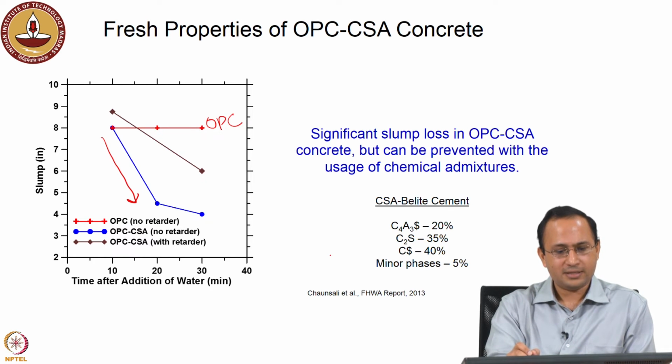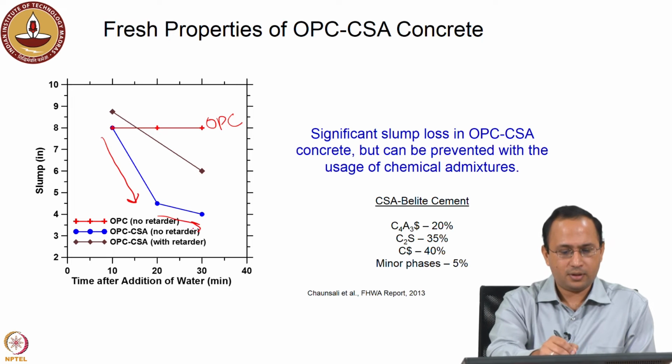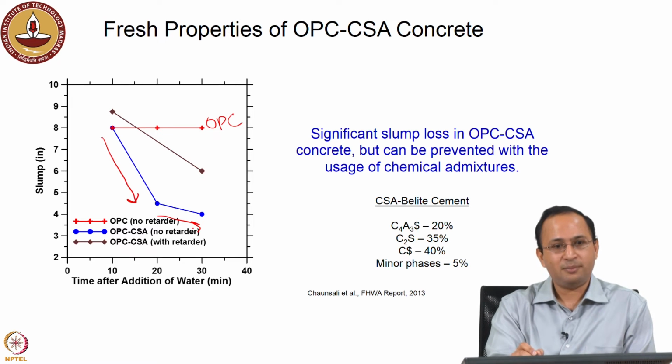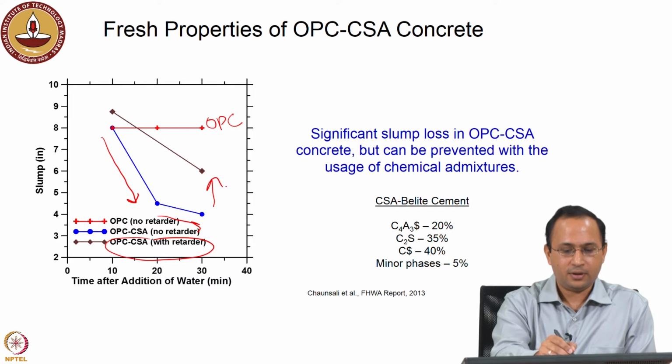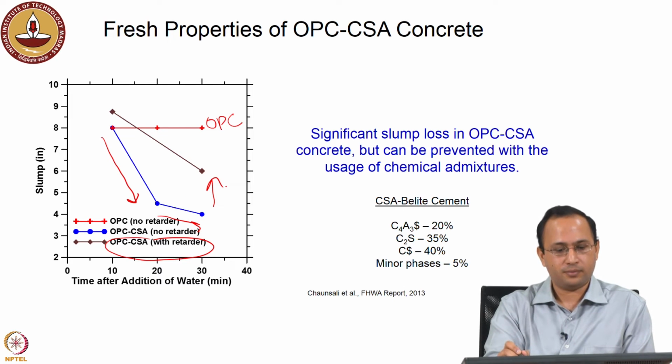And obviously, in this study, no admixture was used initially, but we see that when you use the retarder, the CSA with the retarder, you can reduce this slump loss, right. And this is the conventional retarder which people use for Portland cement.